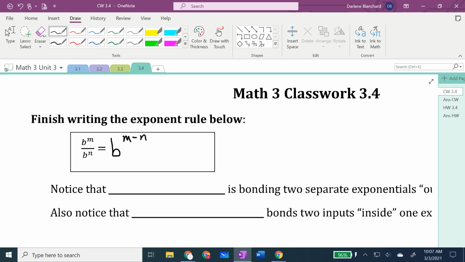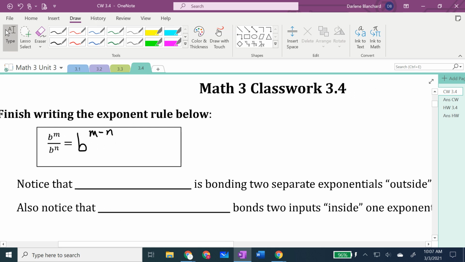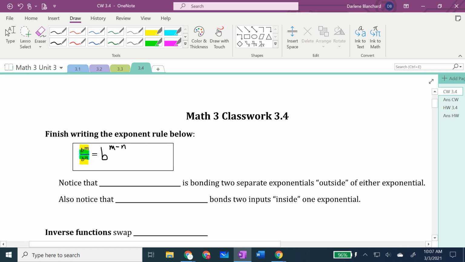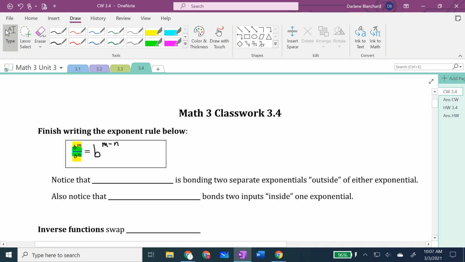Now, what operation is bonding the two separate exponentials outside of the two of them? Tell me in chat, what operation is that?